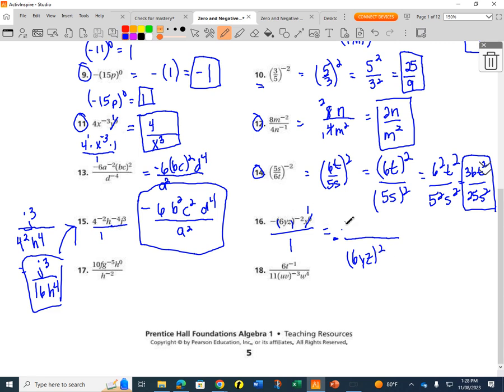So negative 1 over 6yz squared. Are we done? No, because we've got to distribute that 2 through everything, right? So it's negative 1 over 6 squared, y squared, z squared. Are we done now? No, what are we going to do? What do you think, Jalen? What's left to do?